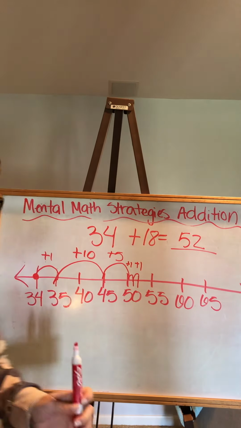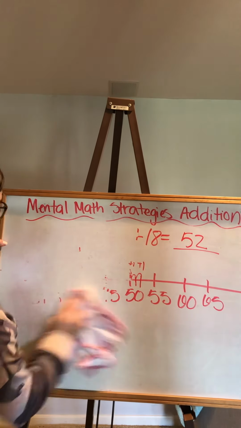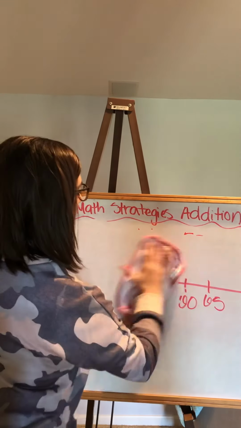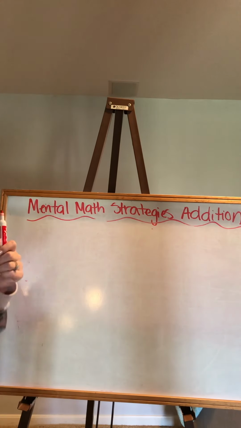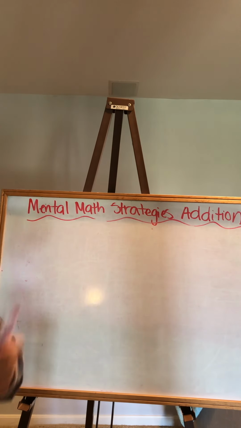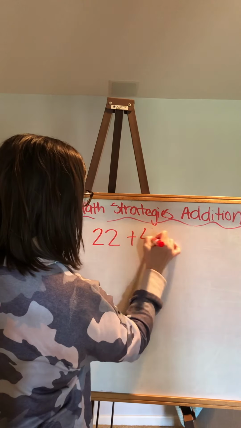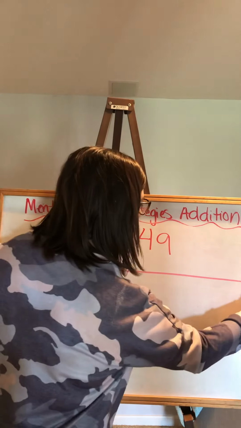Let's do one more example. Let's do 22 plus 49, okay? Again, here's our number line.